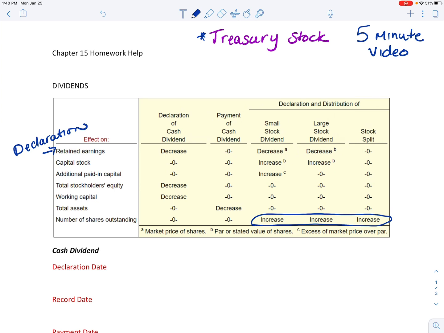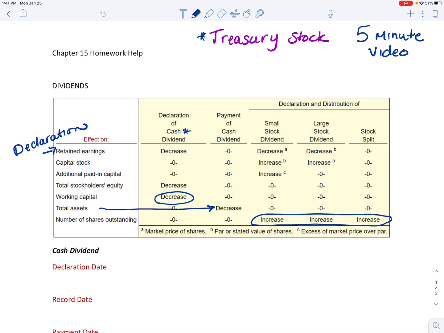So not when we pay it, but when we declare that dividend, that's when it affects retained earnings. The other piece I want you to remember is that when we pay a cash dividend, we need to have cash, right? Because it's going to decrease our total assets here. But the other impact of paying a cash dividend is this decrease to our working capital.